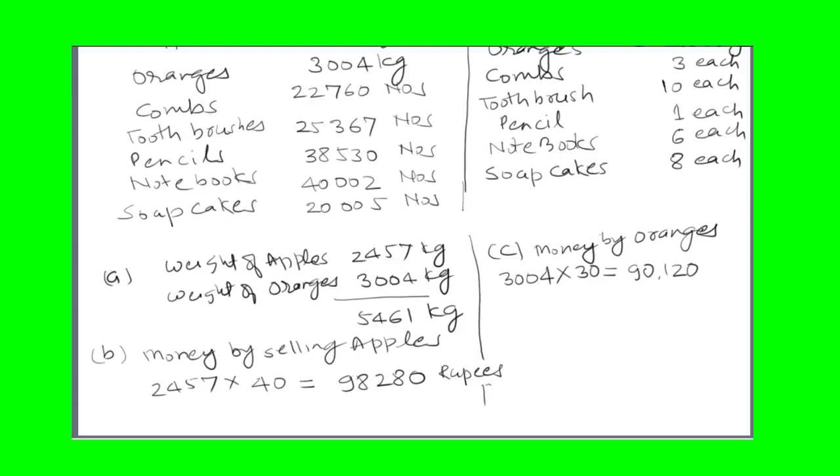So the money received by apples is 98,280, plus money by oranges is 90,120. The sum of these two is 1,88,400.